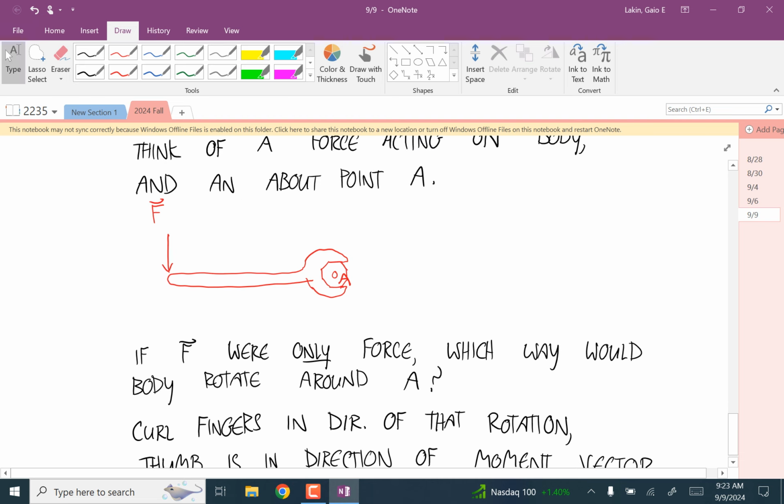In this case, your fingers would be like this, and your thumb would be pointing out of the page.